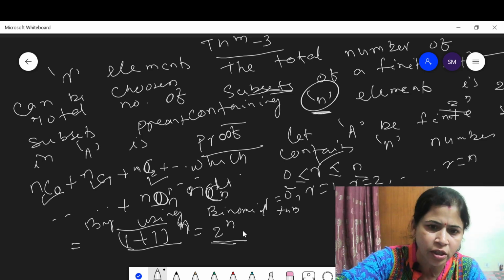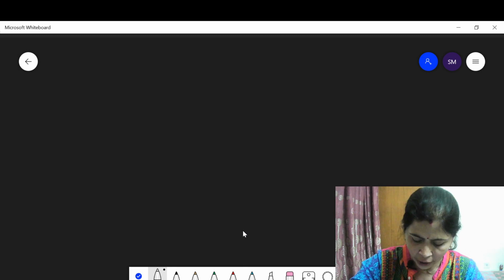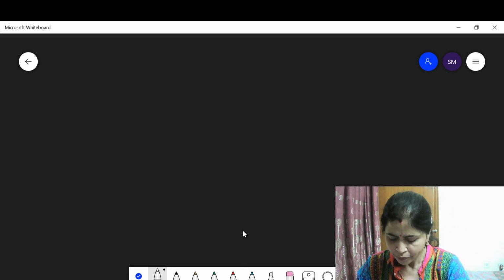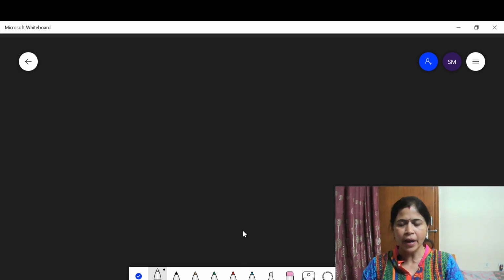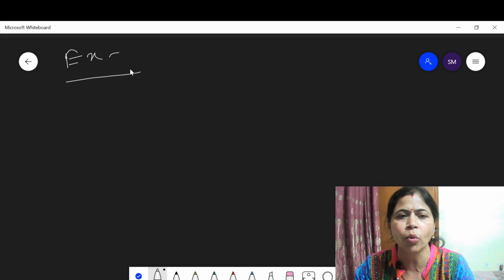Now, let us discuss some examples. The example says that suppose two finite sets have m and n elements. What does the question say? At first, think about what the question says.